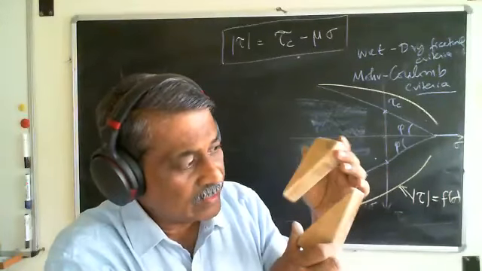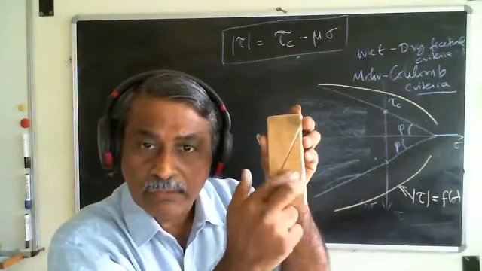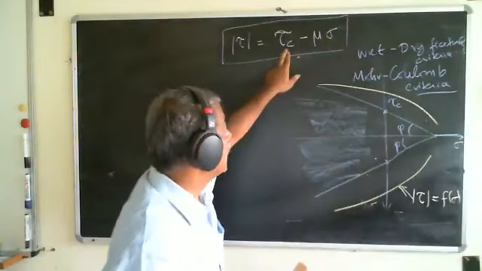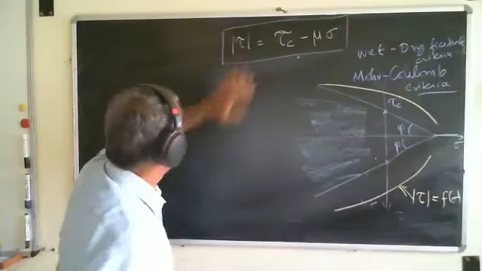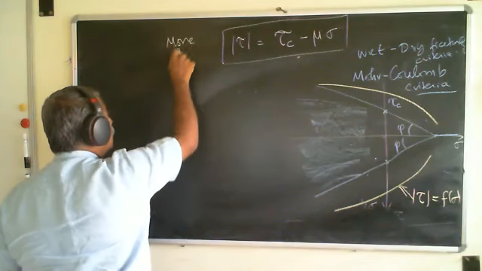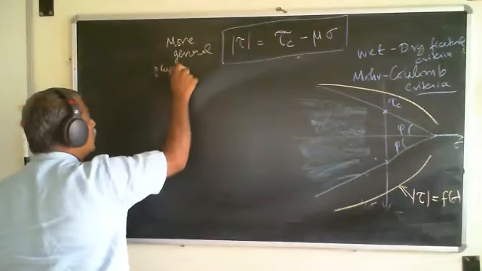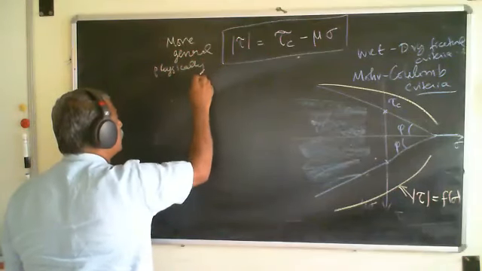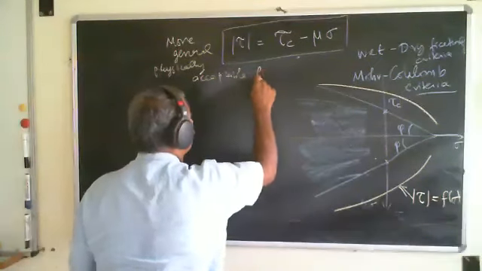While it is sliding, it is also the bonding between the two surfaces that will matter, which comes in as tau c. So in that sense, this seems to be a more general, physically acceptable failure envelope.